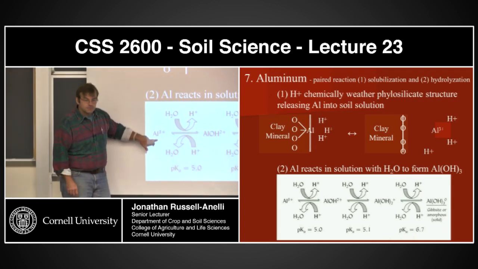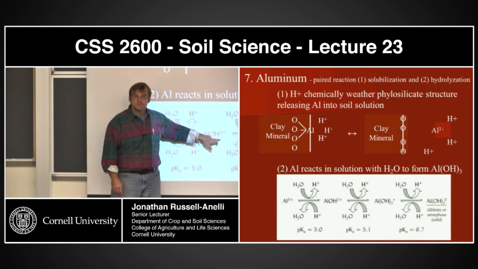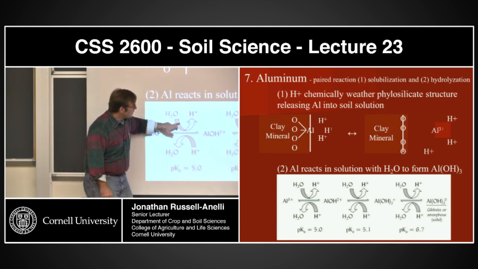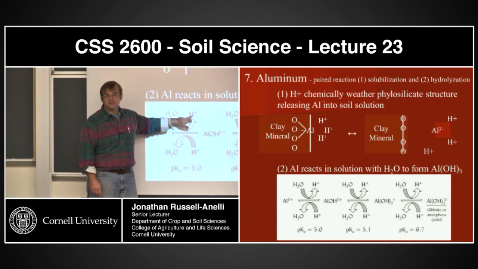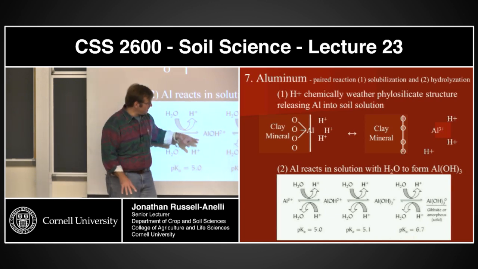Here's the aluminum. It's reacting with that water, and it's going to make an AlOH2+. In the process, though, it releases a proton, effectively acidifying the system. Does that make sense? Now, this process can continue depending upon the different pHs.